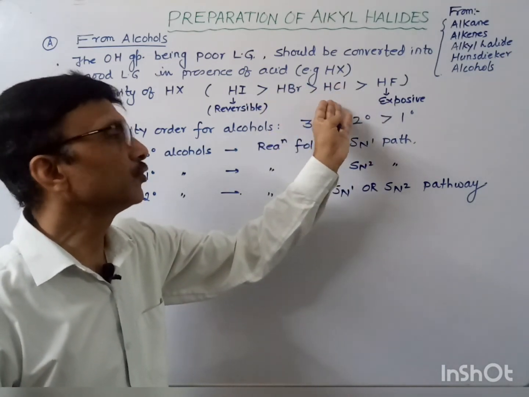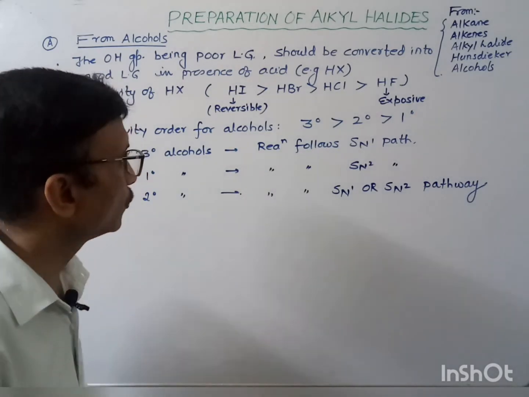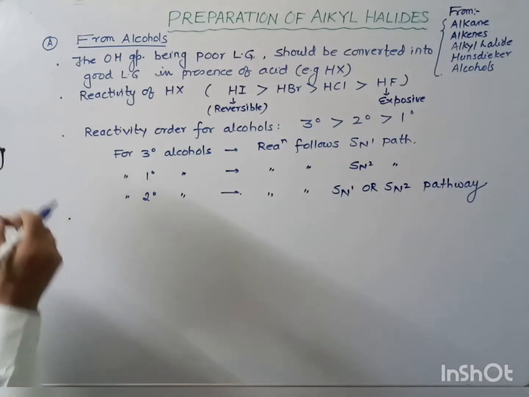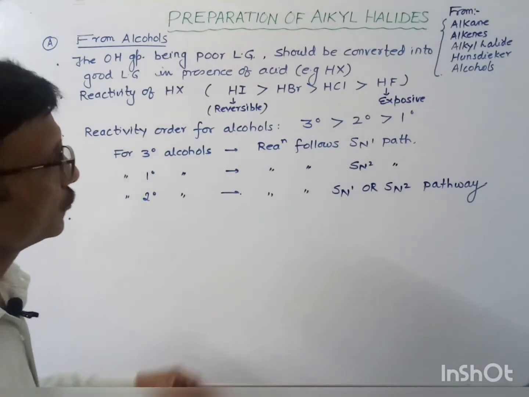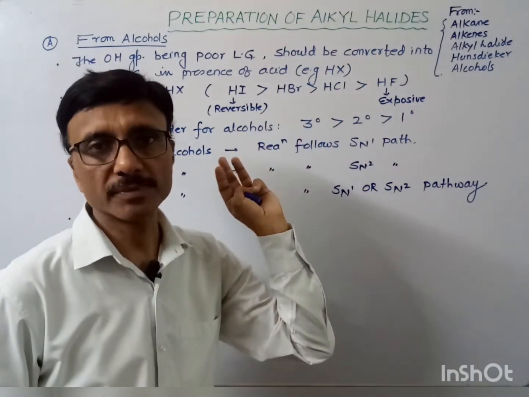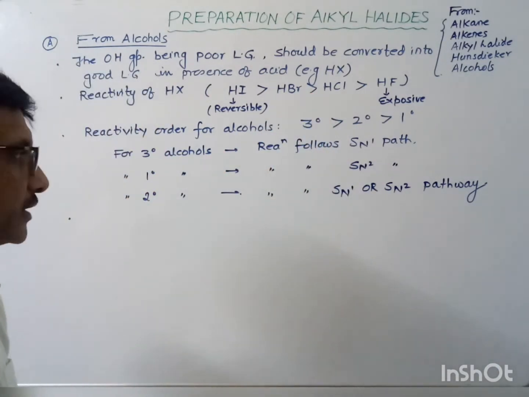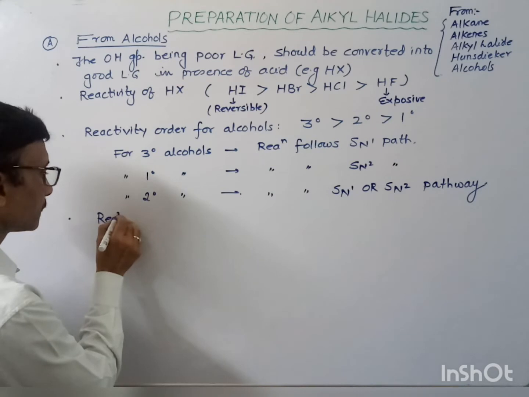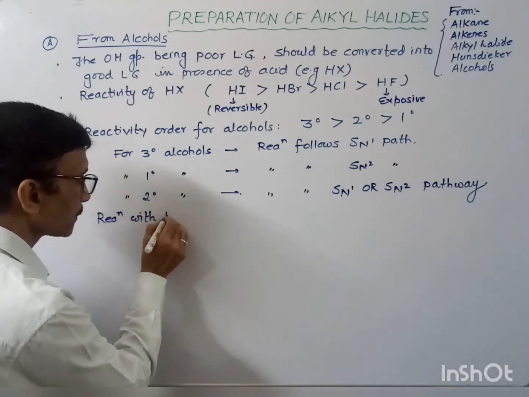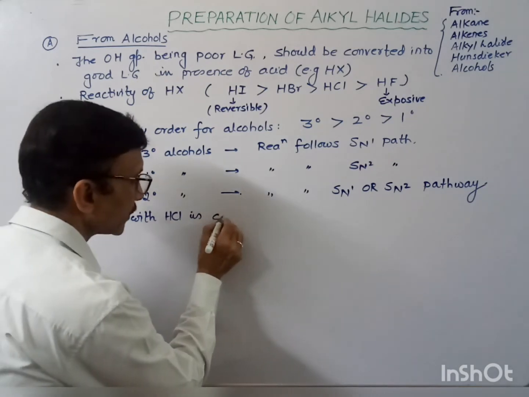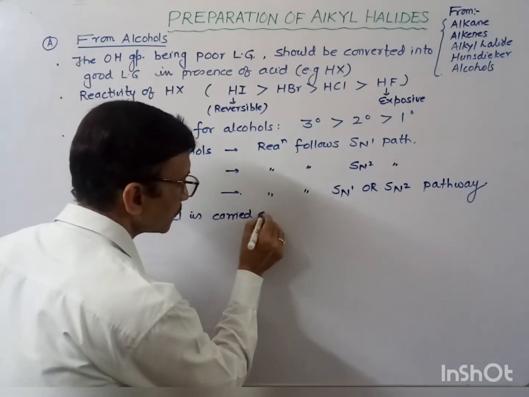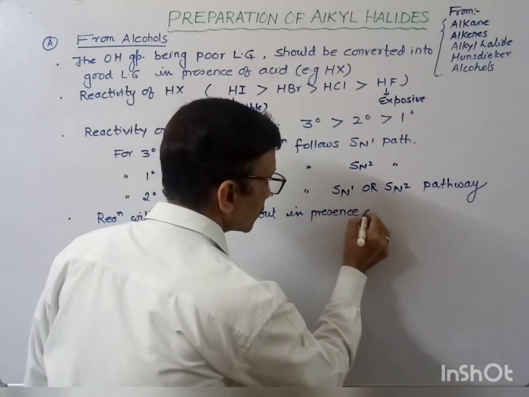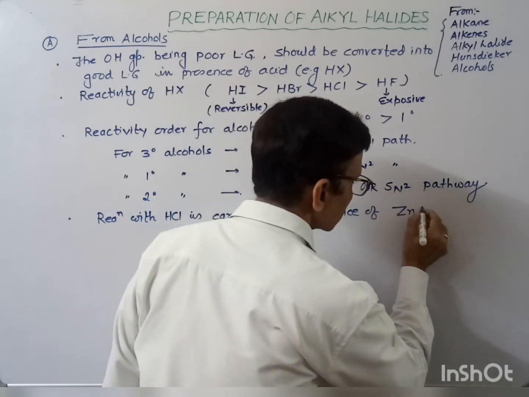If we want to use HCl, the reaction is slow, so to make it fast we may use a catalyst. The reaction with HCl is carried out in presence of ZnCl2 catalyst.